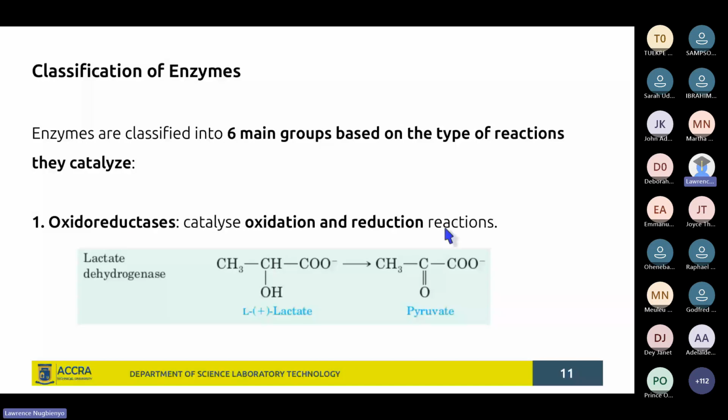You do have a lot of redox reactions occurring in biochemical systems, and these reactions are catalyzed by oxidoreductases. Sometimes oxidoreductases are also referred to as dehydrogenases. So you see an example, lactate dehydrogenase. And what is lactate dehydrogenase doing here?